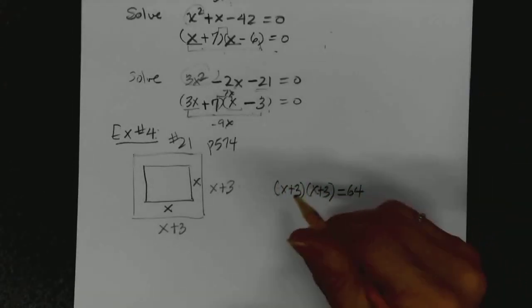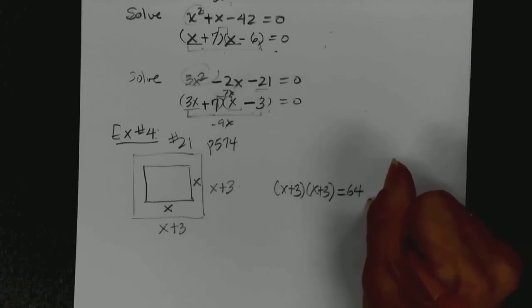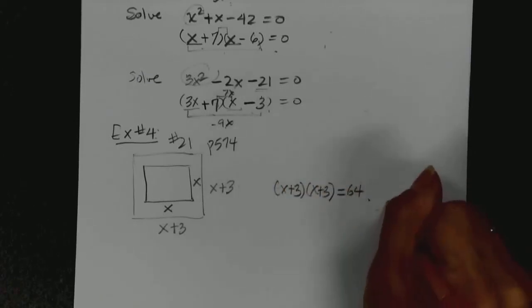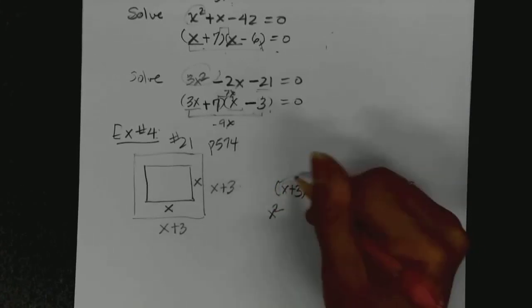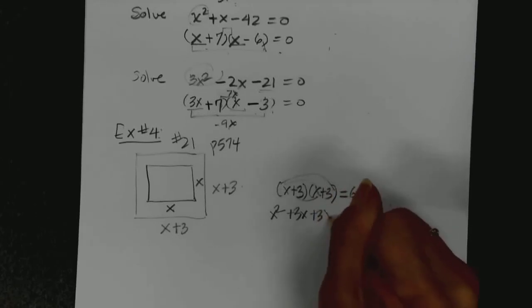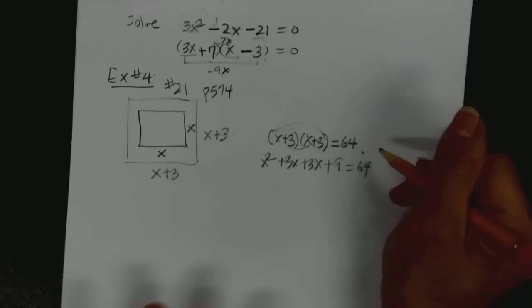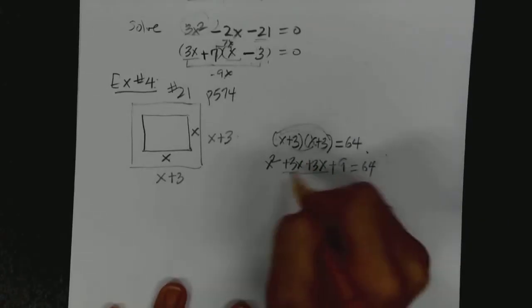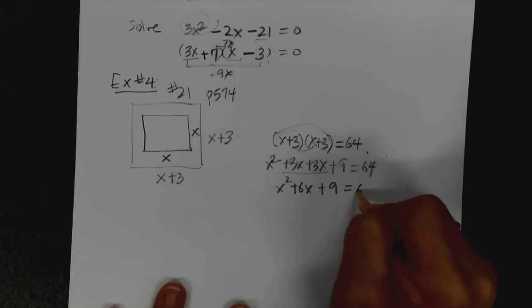This is not equal to 0, is it? No, so you can't solve this as is. You have to FOIL it out first. So x times x is x squared, x times 3 is 3x, plus 3x, plus 9 equals 64. These are my like terms, so x squared plus 6x plus 9 equals 64.